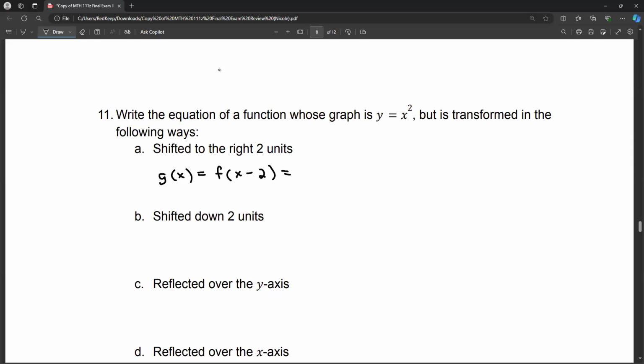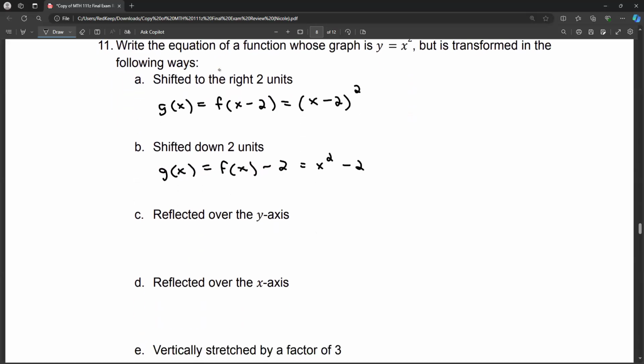So I'll write x minus 2 on the inside of the parentheses, squared. Shifted down 2 units, this one's a little bit friendlier. This new function g of x is equal to f of x down 2 units, just subtract 2 on the outside. This is equal to x squared minus 2, just like that.